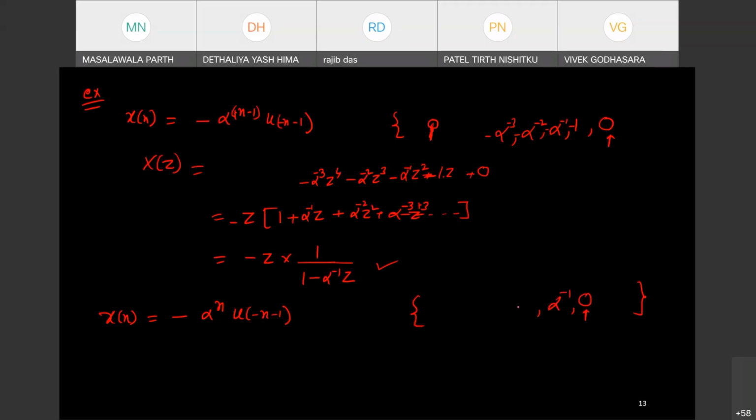Then n equal to minus 2, alpha to the power minus 2, then alpha to the minus 3, like that. And for this, what is X of z? Minus sign again. So X of z will be simply, this is 0, and then on this side, minus alpha to the power minus 1 z, minus alpha to the power minus 2 z square, like that.